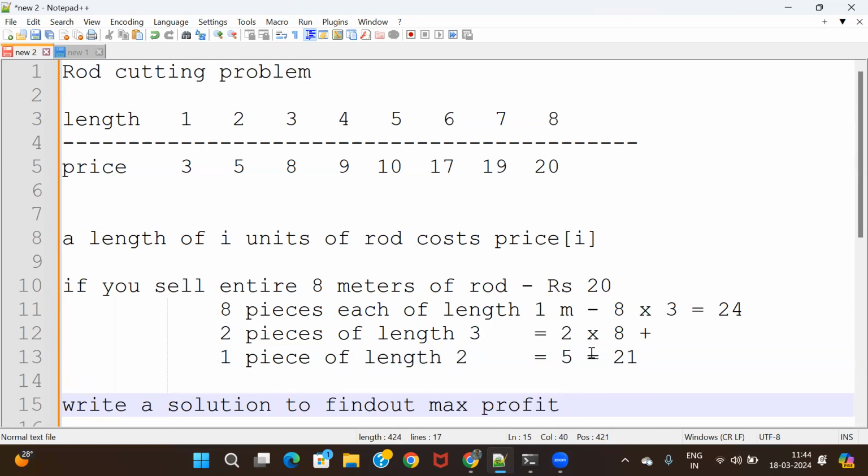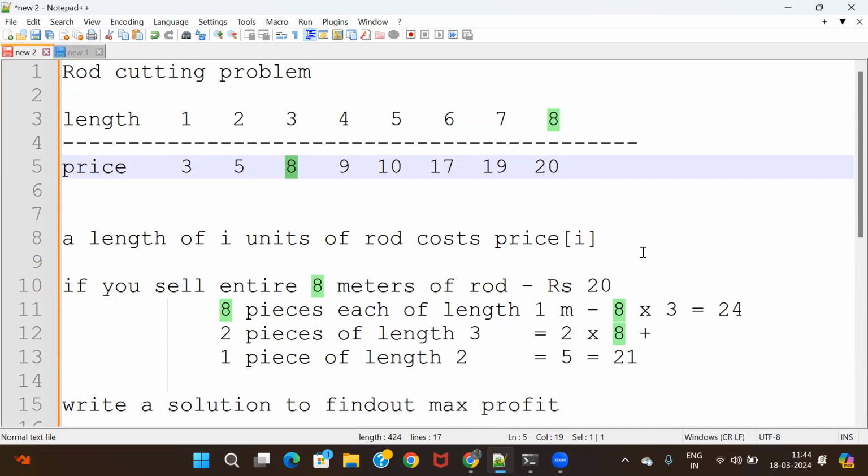In the 3 scenarios I just explained, there are different profits. 20 if you sell the entire rod as a single unit, or 8 pieces each of length 1 meter, then it is 8 into 3, or 2 pieces of length 3 and 1 piece of length 2, 21. So let us generate a solution for this.